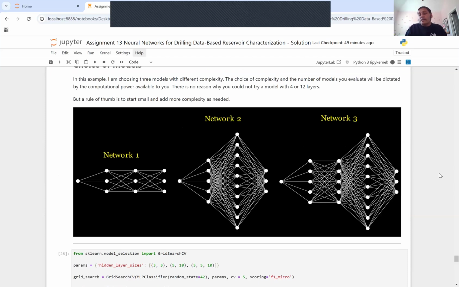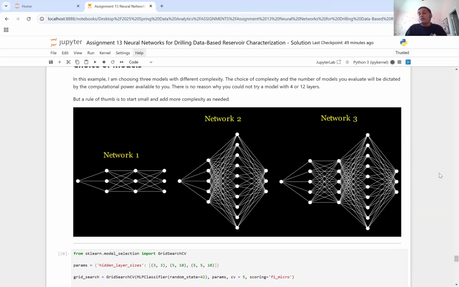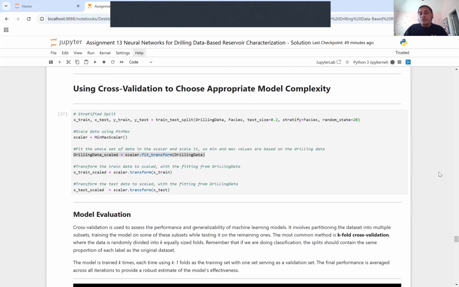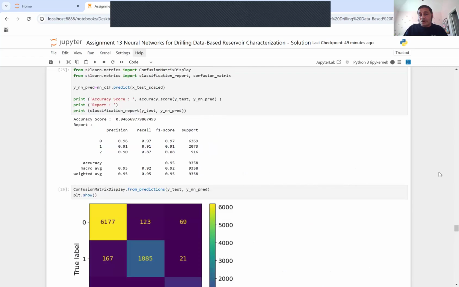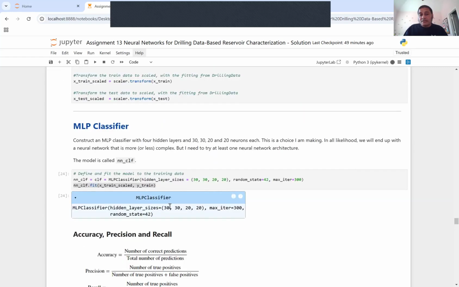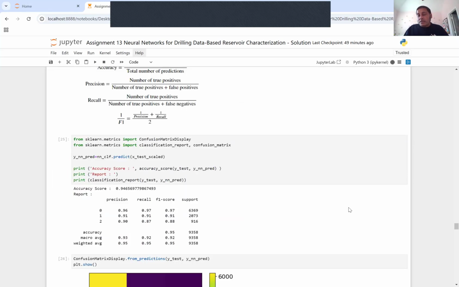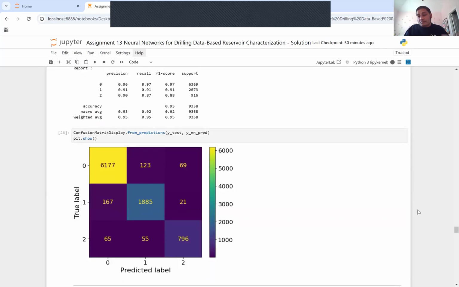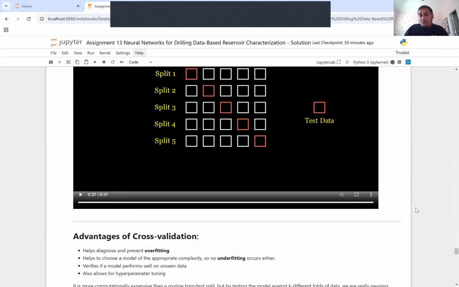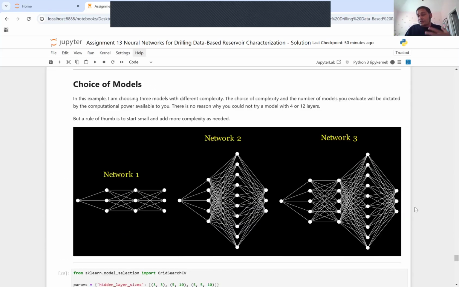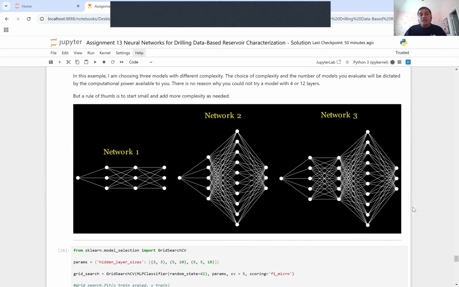Typically, we would evaluate about 6 or 7 different models. In fact, what we saw previously was that we got pretty good performance with the 4-layer model, which had 30 neurons in the first layer, 30 neurons in the second layer, 20 and 20 in subsequent layers. And perhaps we should have tried neural networks of comparable complexity or slightly higher complexity.